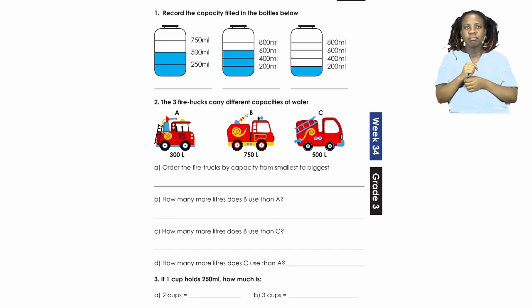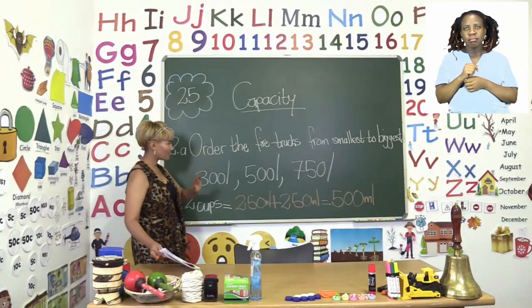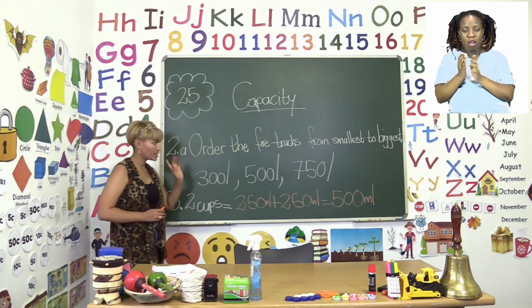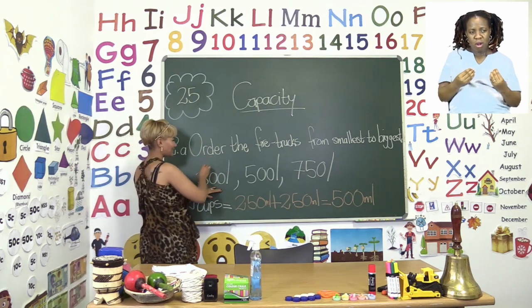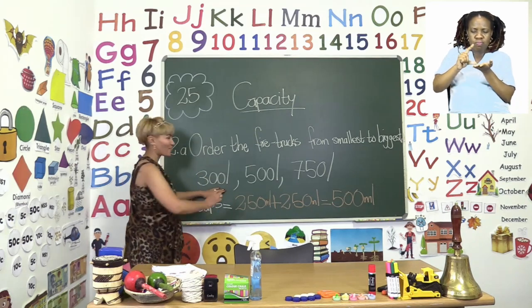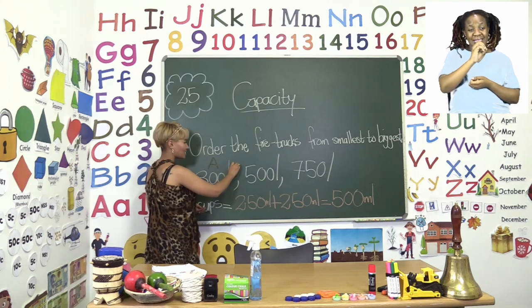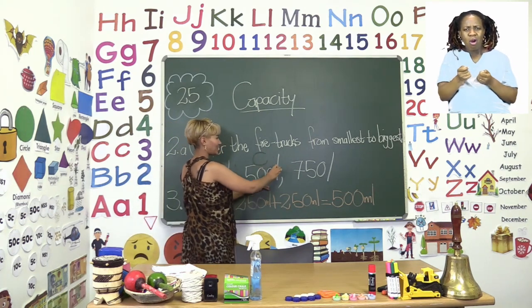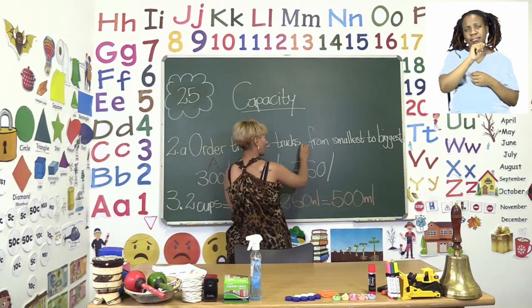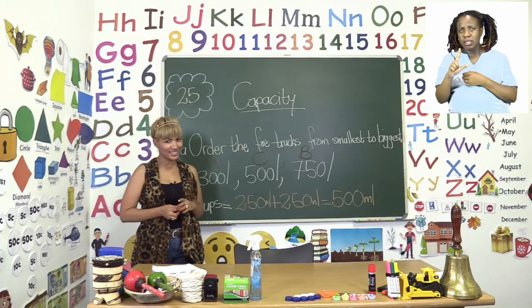Now, this one I did on the board, so let's quickly see. We said order the fire trucks by capacity from the smallest to the biggest. So 300 liters was carried by truck A. So A is first, then C was 500 liters, and B was 750 liters.